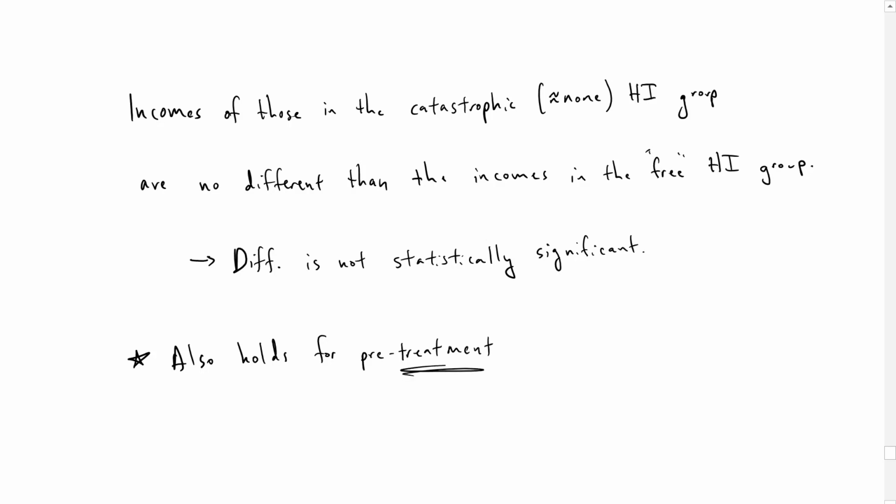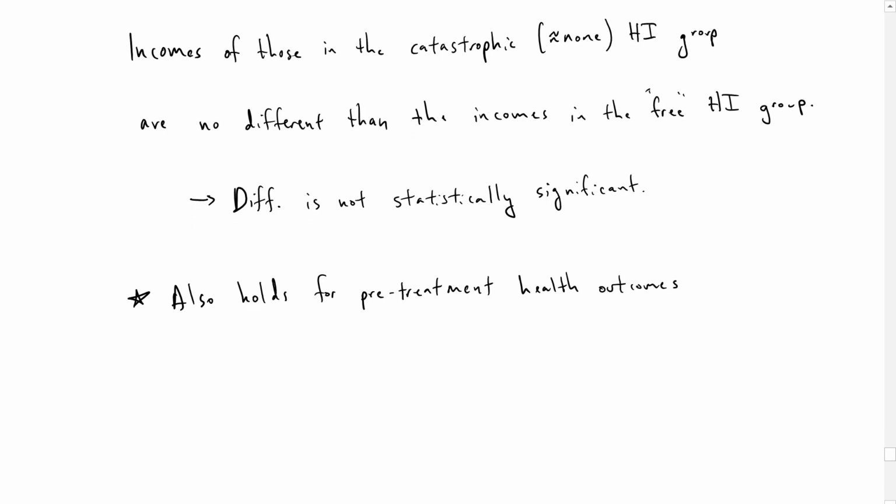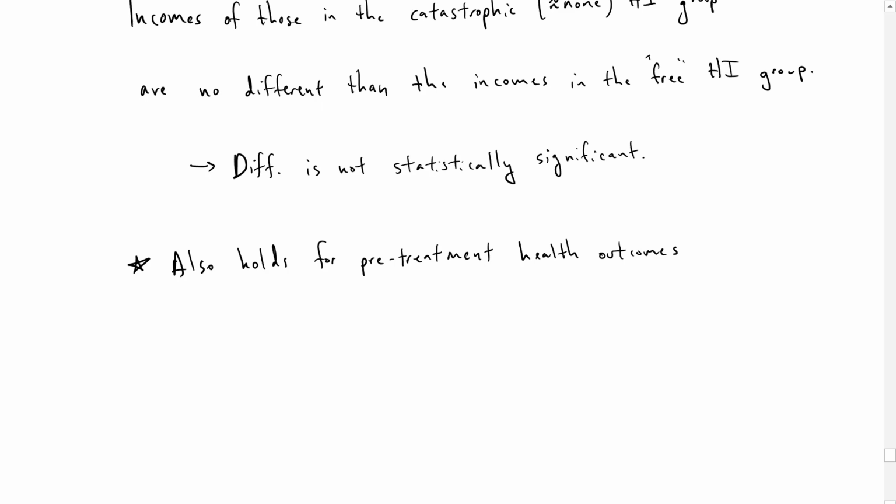And when I'm saying treatment, remember, I'm talking about the treatment being they're treated into insurance groups. It's not some health treatment or something like that. The treatment is which plan they're assigned to. So this also holds for treatment health outcomes. And that's very important. So we have a good balance in both the general characteristics and the pre-treatment health outcomes.